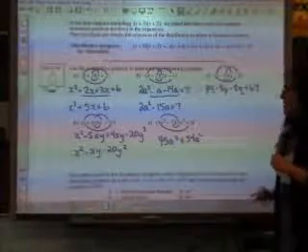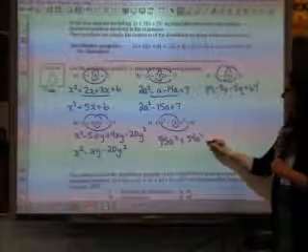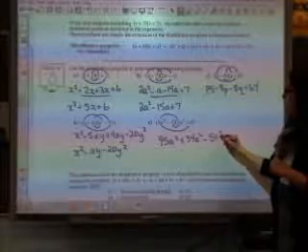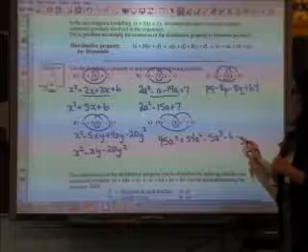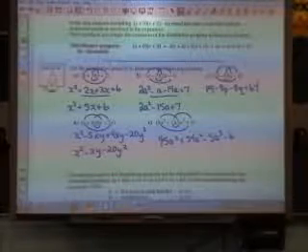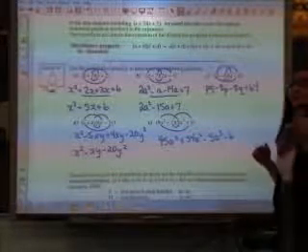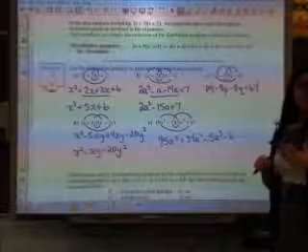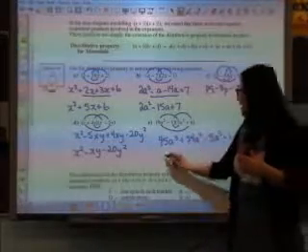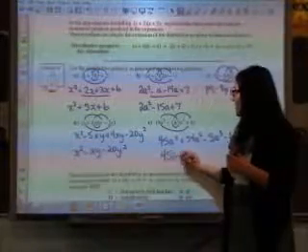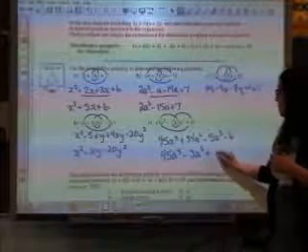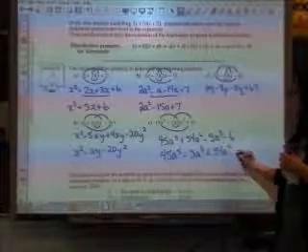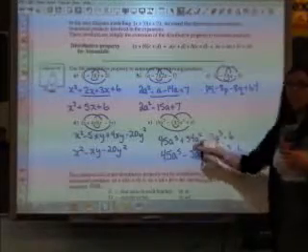Negative 1 times 5a cubed. And negative 1 times 6. Are there any like terms to collect? No. The only thing I could do is write this in descending order of the powers of a, in which case the negative 5a cubed would come first, and then the 54a squared. So I would just reverse these two terms.